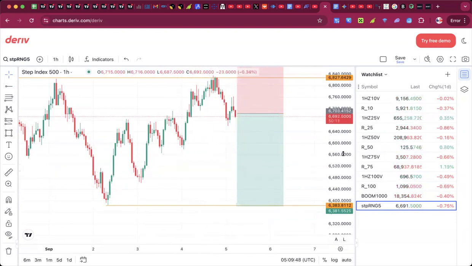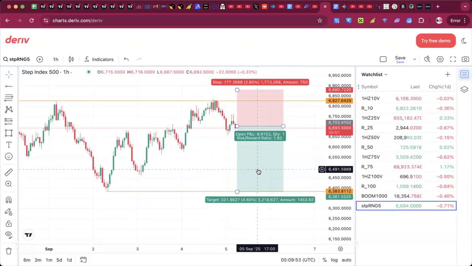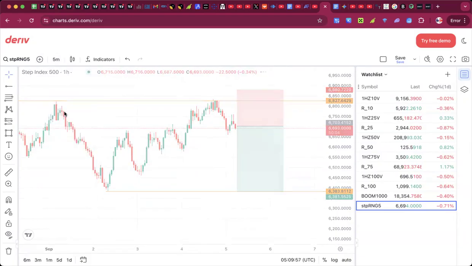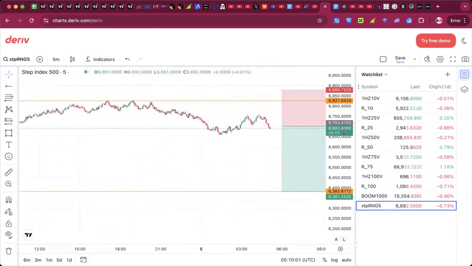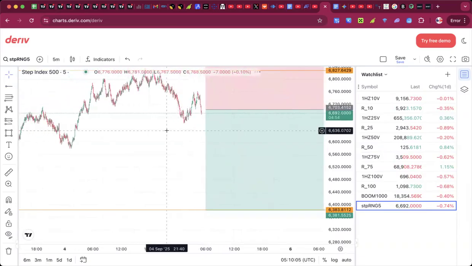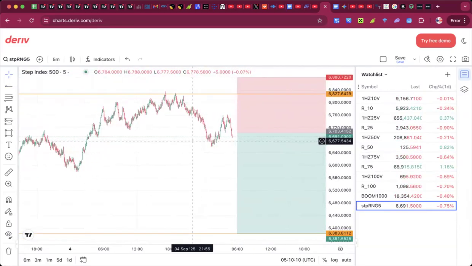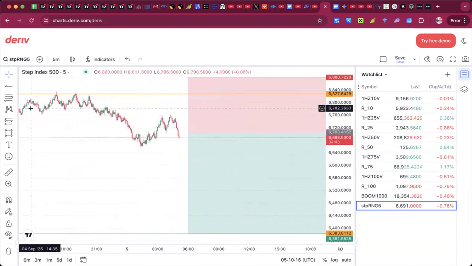This one, the ratio, because of the time of entry. Sometimes you want to refine that into 5 minutes to find more of a sniper entry. You'll see now this forms a double top in 5 minutes.